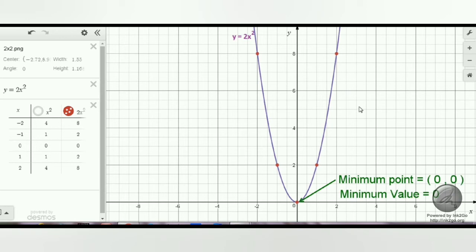Here, the minimum value is 0 because the y value of the minimum point is 0. The graph is a parabola and the parabola is symmetric around the y-axis. Then the axis of symmetry is the y-axis and the equation of the axis of symmetry is x equals 0.